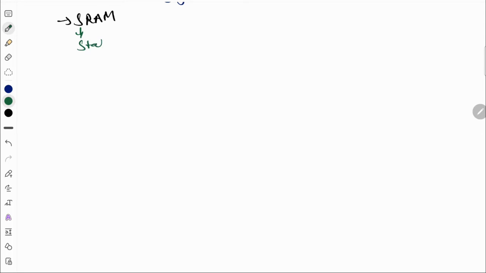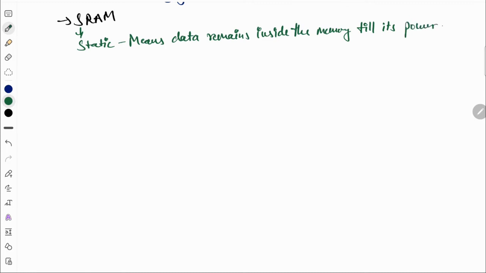Static means data remains inside the memory till it's powered on.